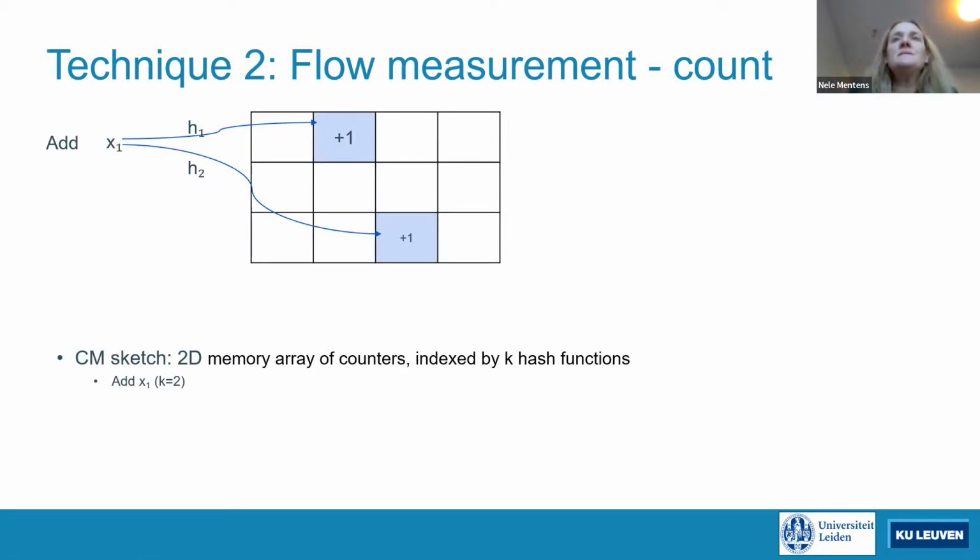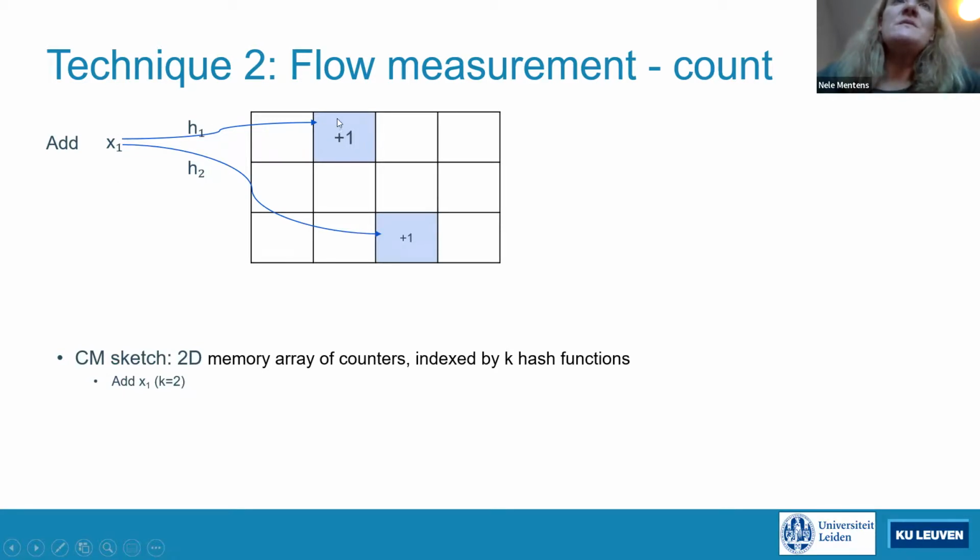This is a very simple example of a count-min sketch data structure, or CM sketch. For example, a flow packet comes in with flow ID X1. Then we use 2 hash functions to update this memory structure, which is a 2D memory array of counters, indexed by k hash functions, and k is 2 in this example.